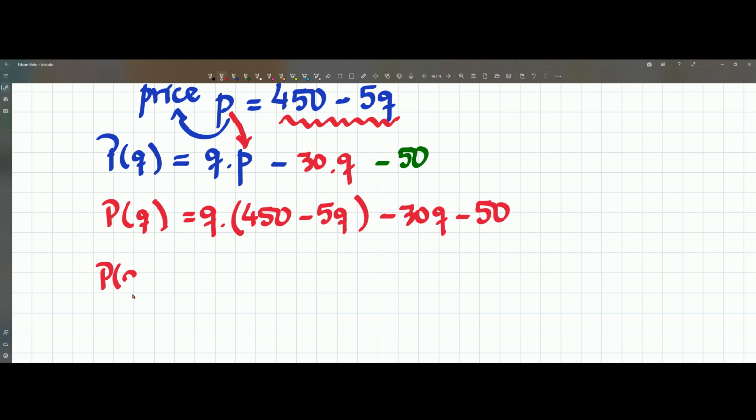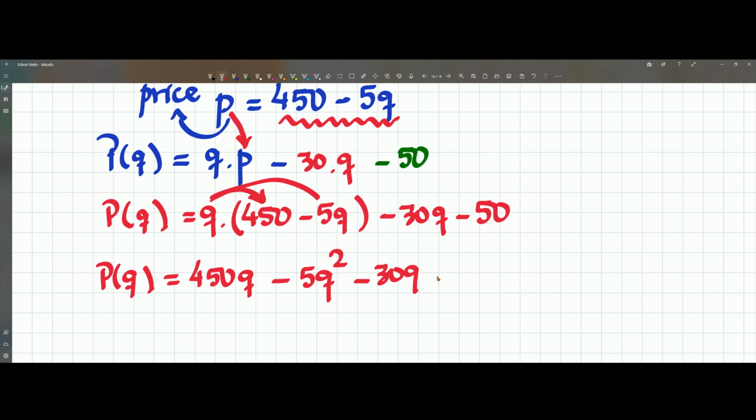P of Q is equal to, let's distribute that multiplication, 450Q minus 5Q squared minus 30Q minus 50.